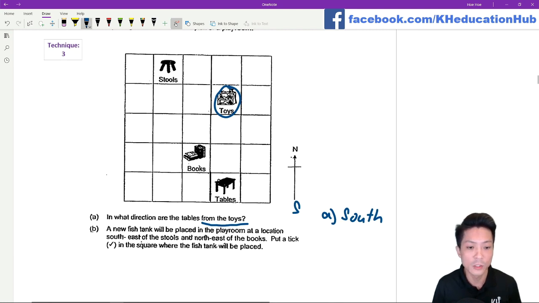Part B, a new fish tank will be placed in the playroom at a location southeast of, let me use a highlighter, southeast of the stools and northeast of the books. Put a tick in the square where the fish tank will be placed.